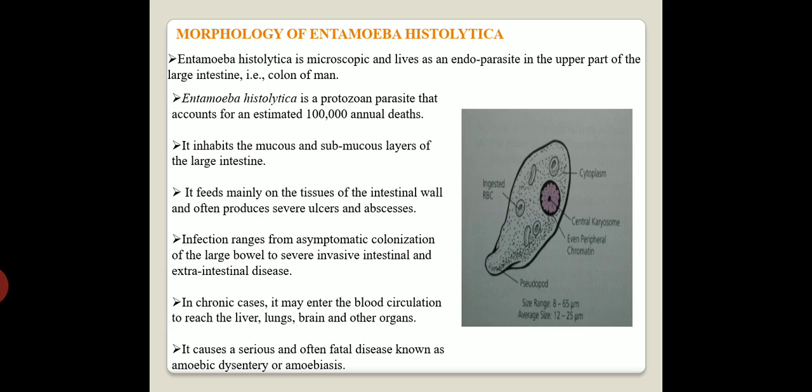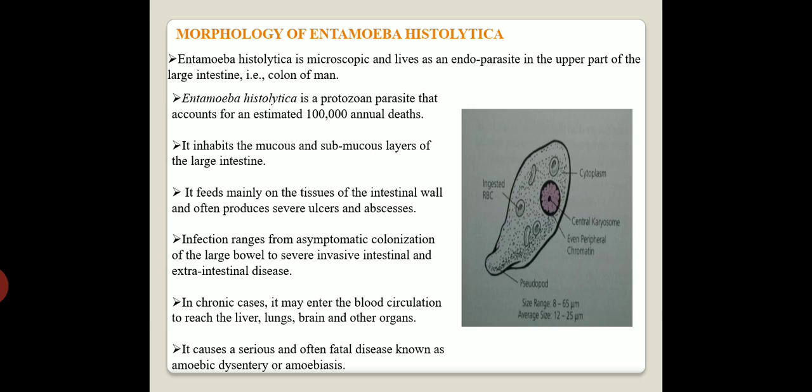Next, coming to the morphology of Entamoeba histolytica, you already know that it is a protozoan parasite. It is microscopic and lives as an endoparasite in the upper part of the large intestine, that is the colon of man.